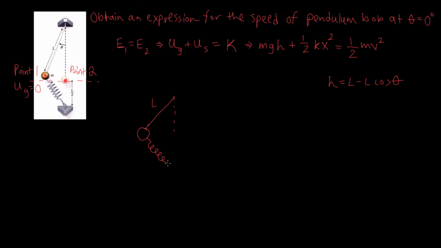So here's how the spring looks when I stretch it from its equilibrium position. So this length right here is still L, which is just the length of the pendulum string.